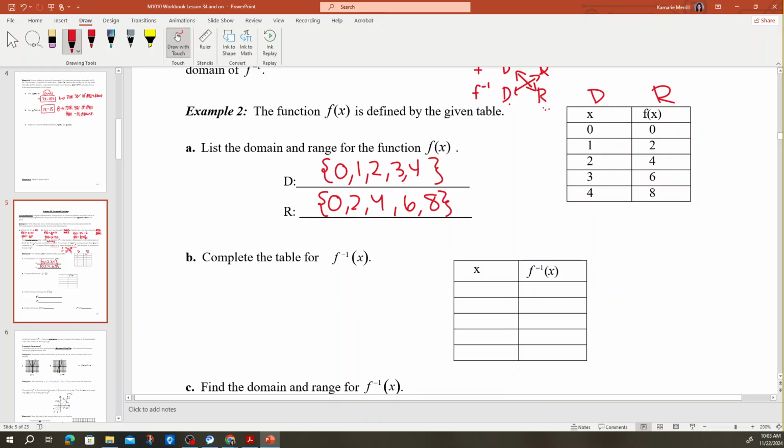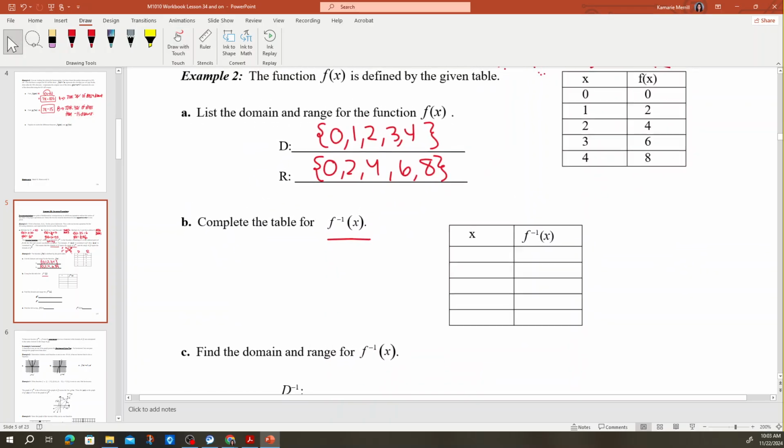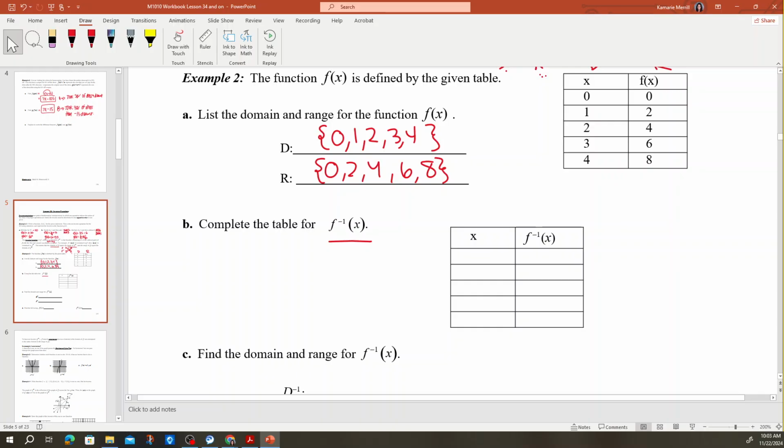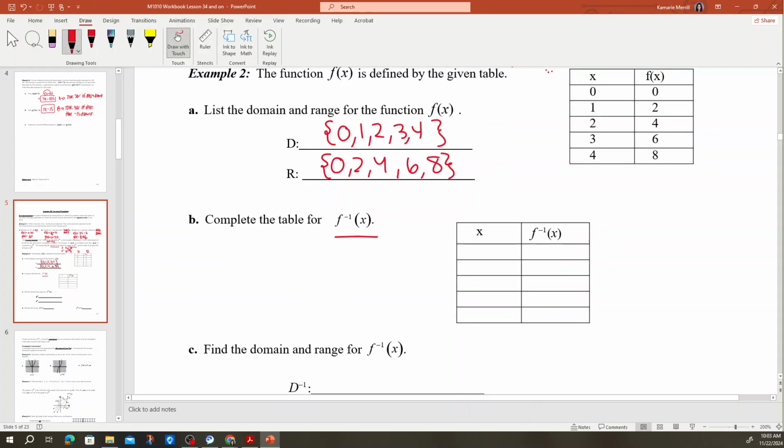Now let's complete the table for f inverse. What would you put into your x's? We just swap them: 0, 2, 4, 6, 8, and you'd have 0, 1, 2, 3, 4. So everything with their x's and y's is swapped out.